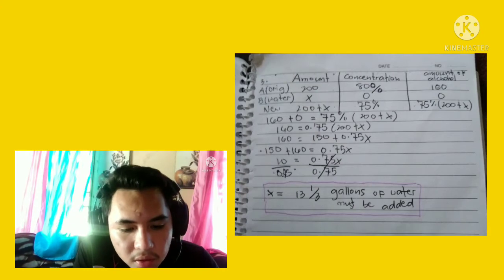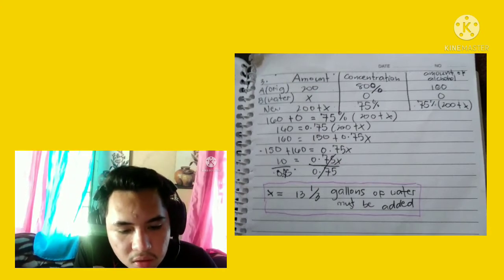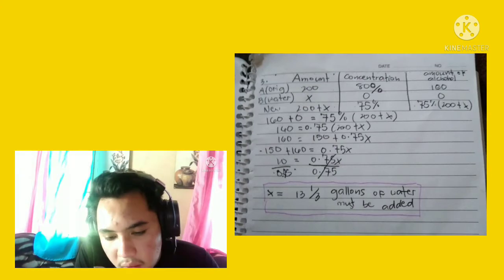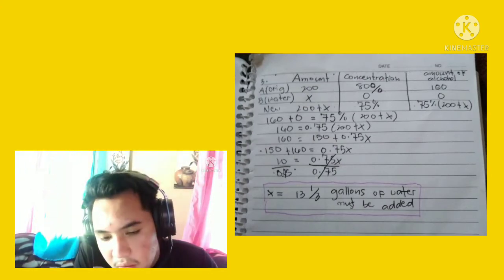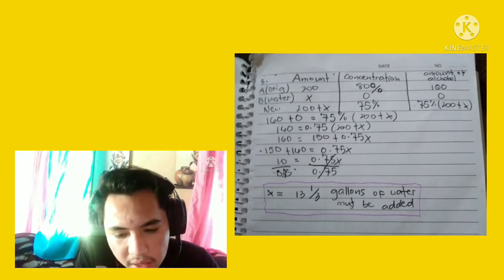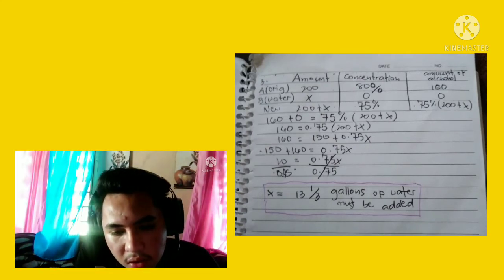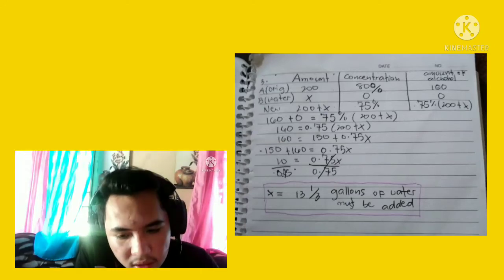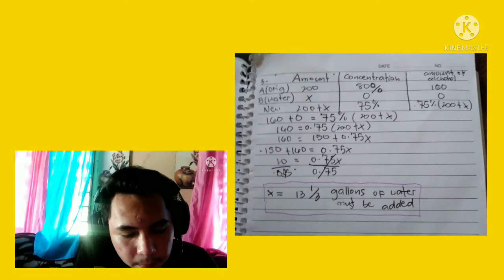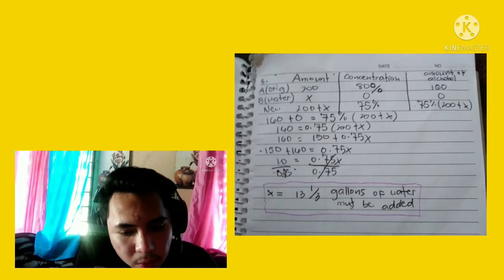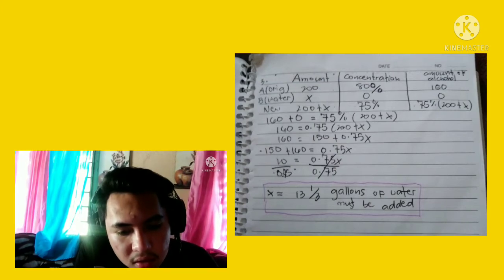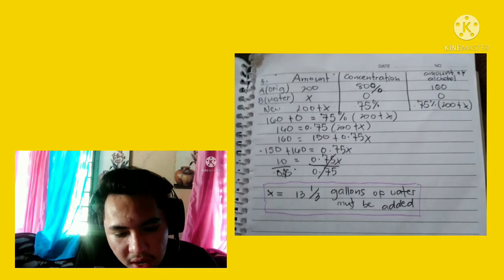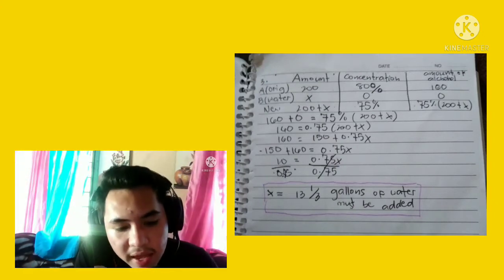Then our concentration, because we have a new concentration here, we will put 75%. Then the amount of alcohol, so let's multiply our 75% and our new amount, which is 200 plus x. Then write our 160, the amount of alcohol: 160 plus 0 equals 75% times 200 plus x.